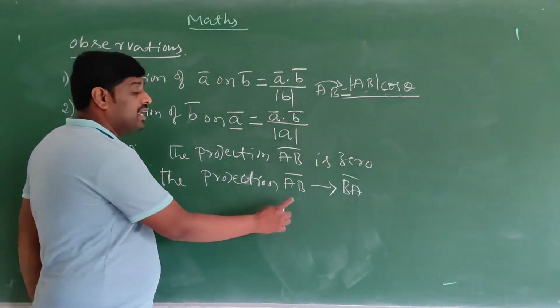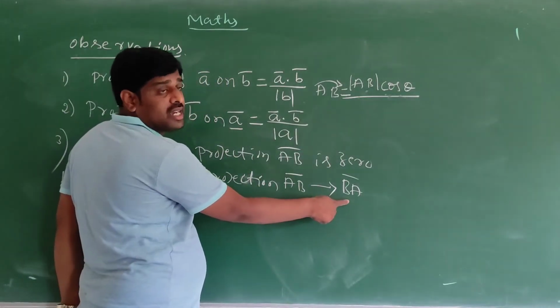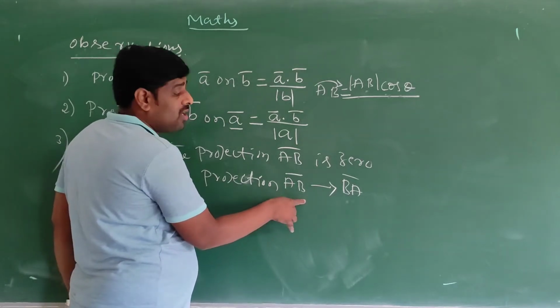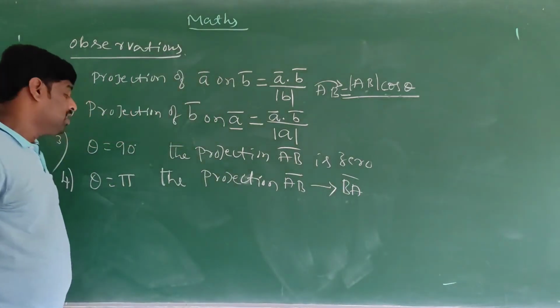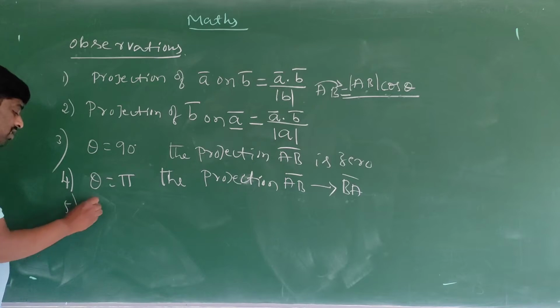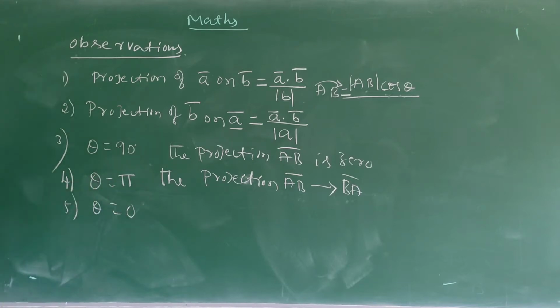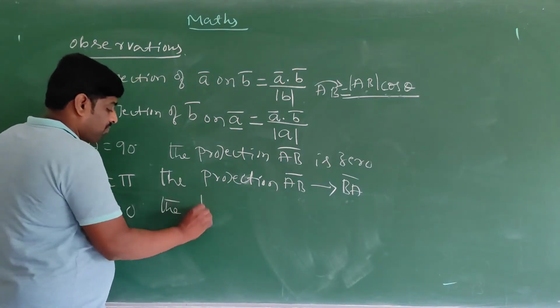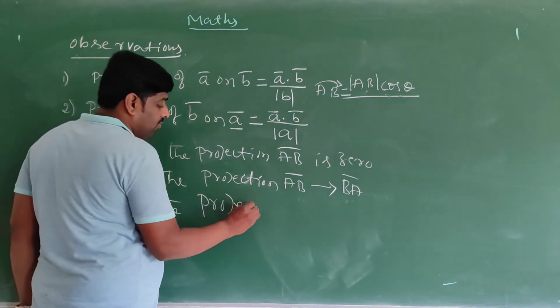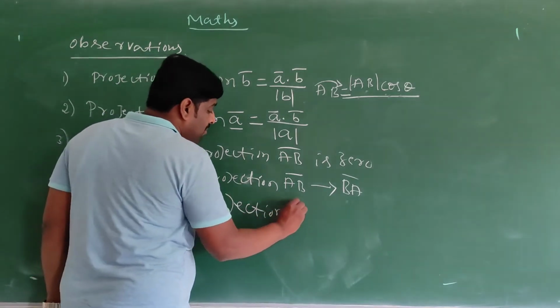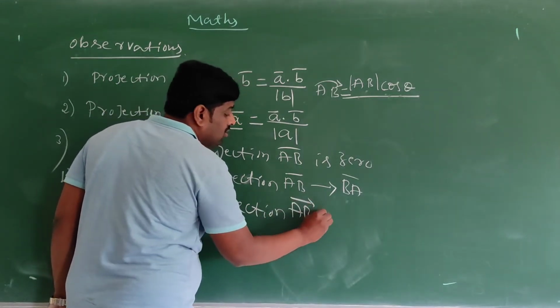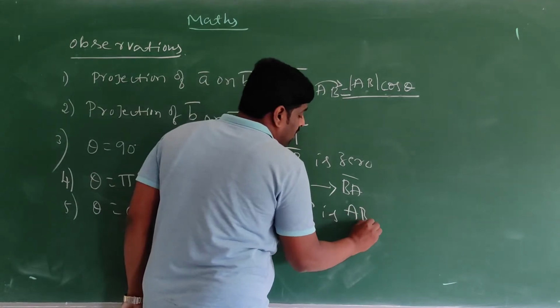That means negative, so the direction is opposite. The projection of AB bar is BA bar. Next, the fifth point: if theta is equal to 0, the projection of AB bar is AB bar itself.